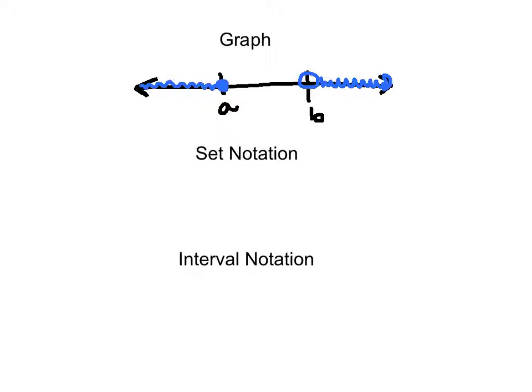And then I also have an interval highlighted to the right of B, numbers that are greater than B, with an open circle on B, and so I don't want to include the B. If I were to represent this in set notation, I would simply say, looking at the set of numbers, x's that are less than or equal to A, or, and a way to use or in set notation would be by using the symbol U. U means or, the union symbol, or x's that are greater than B, strictly greater, not equal to.